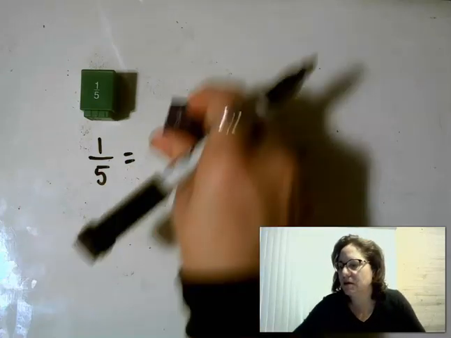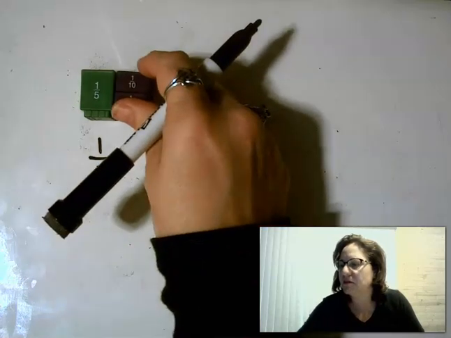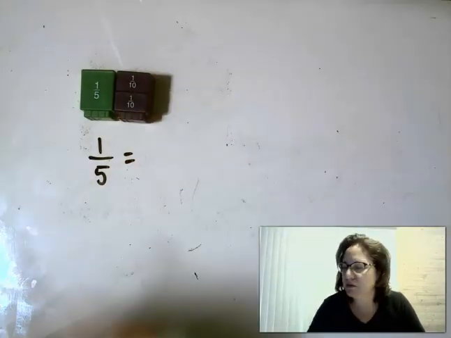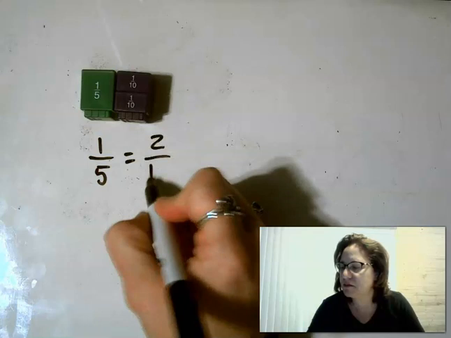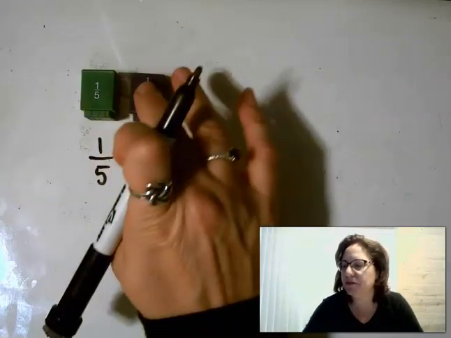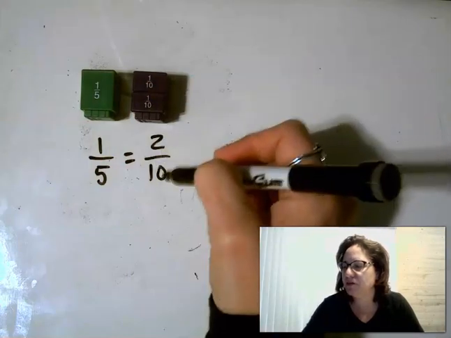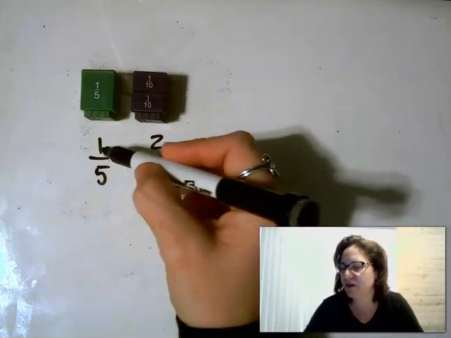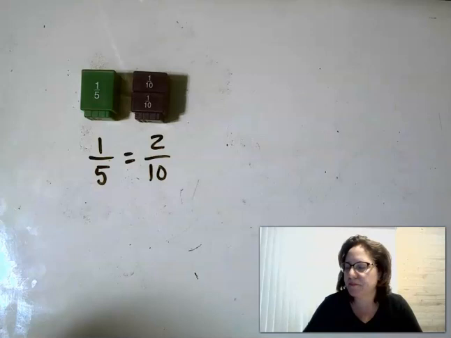Looks like this is the same size. 2 tenths is equivalent to 1/5. 2 goes into 10 5 times. 1 goes into 5 5 times.